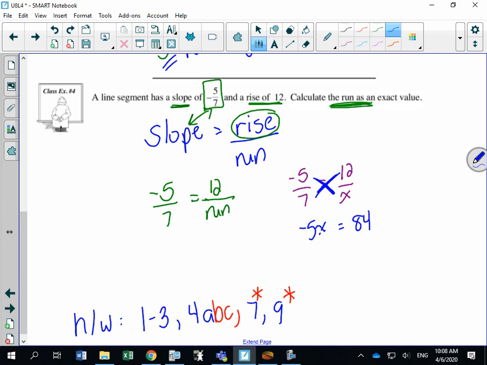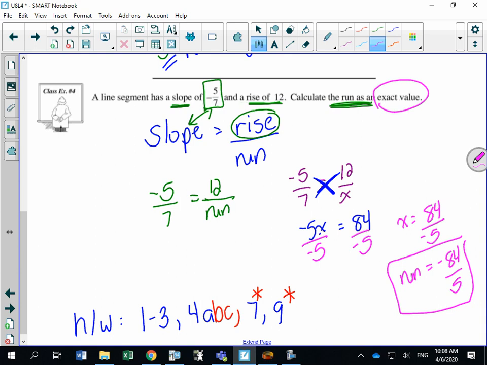And then we need to get x by itself, so get rid of that -5 by dividing both sides by -5. And x is equal to, as an exact value means no decimals, so x is equal to 84 over -5. And x, remember, was the run. So the run is -84/5.